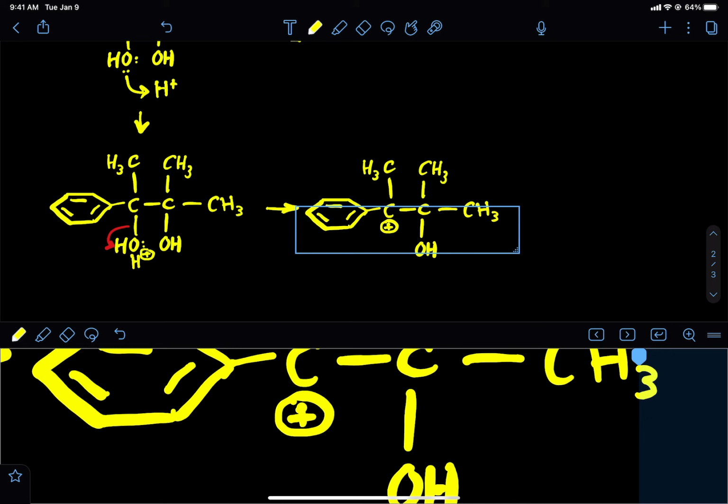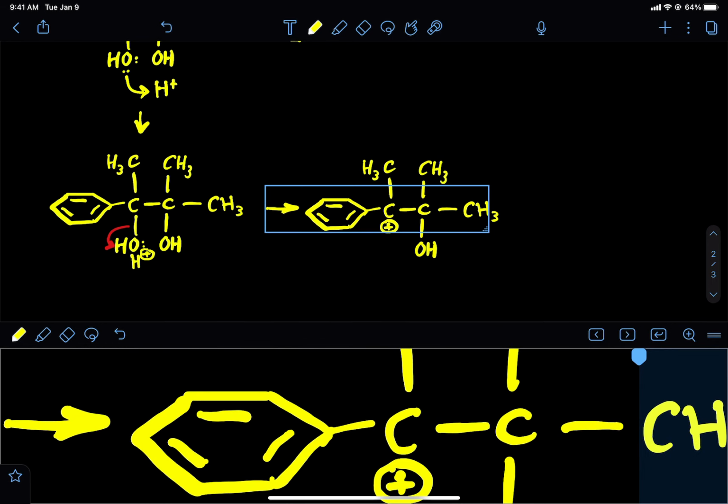Why? Because it is delocalized throughout the benzene ring. That carbocation, through moving these pi electrons, can delocalize the positive charge through the ring. It's also tertiary, right? The carbon bearing the carbocation has 3 carbons attached to it. So it's tertiary and benzylic, extremely stable.